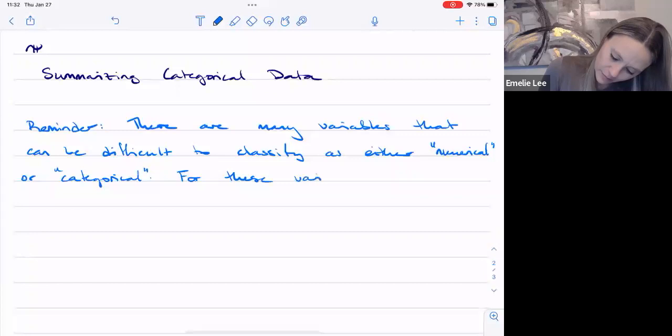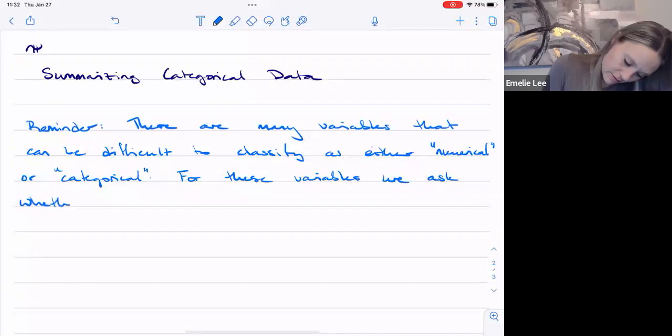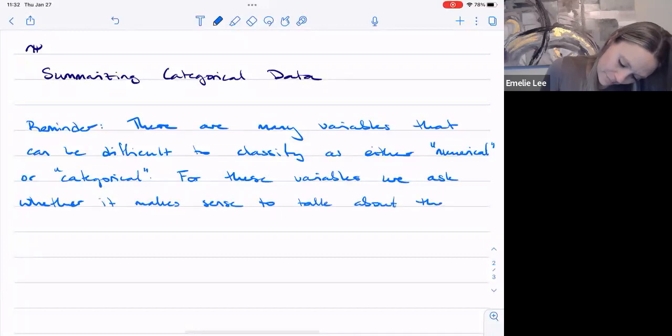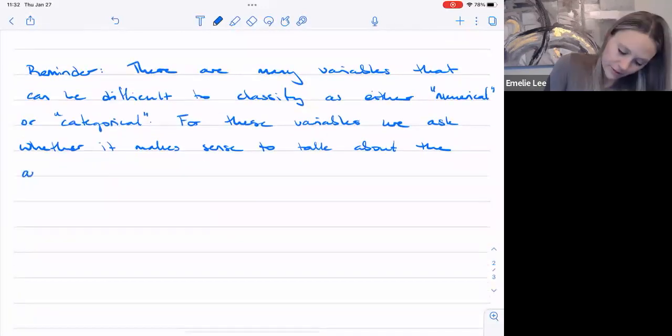So for these variables, we ask whether it makes sense to talk about the average.